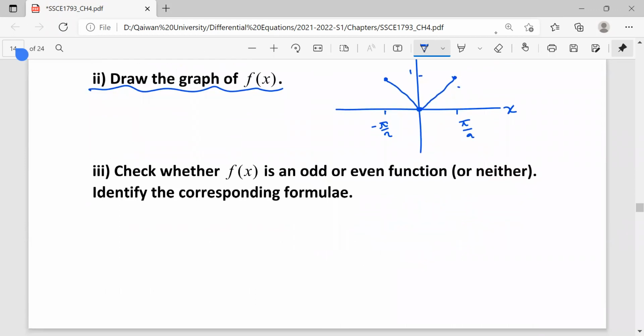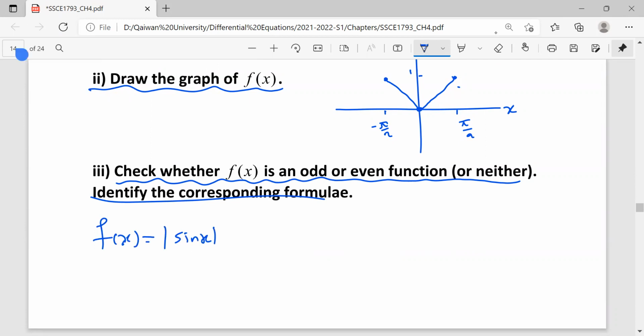Now we check whether f is odd, even, or neither. We say f of x equals the absolute value of sine x. To check whether the function is odd or even, we are going to find f of minus x. If it equals f of x, then it's even.